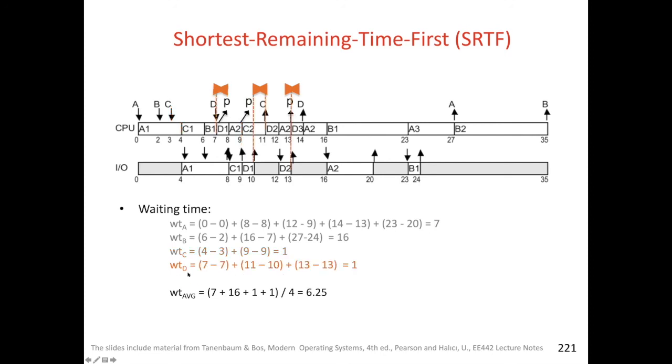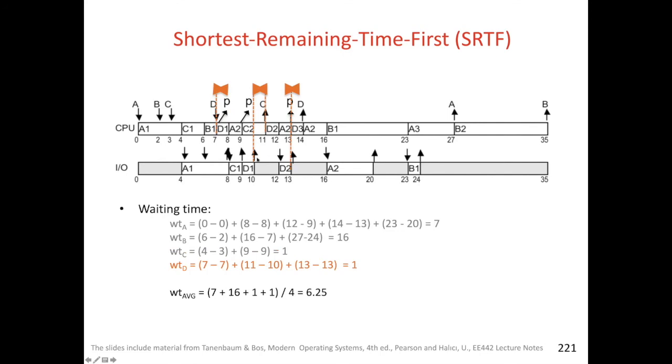The last one is process D, and it has a very short execution time for each burst. Because of that, when it is submitted to the system, it causes preemption here on process B and starts execution immediately.